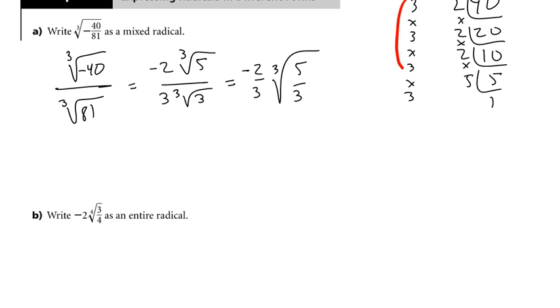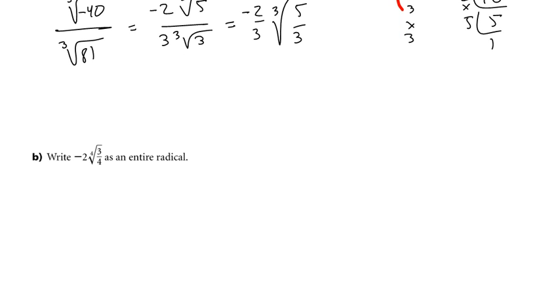Okay, B, they ask us for an entire radical. Notice I'm not going to be able to bring the negative in, because I can't take the 4th root of a negative, so I'm just going to leave the negative on the outside. And I'm going to write 2 as 2 over 1, which as a 4th root is going to be the 4th root of 16 over the 4th root of 1 times the 4th root of 3 all over the 4th root of 4.